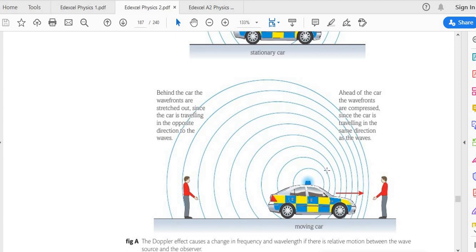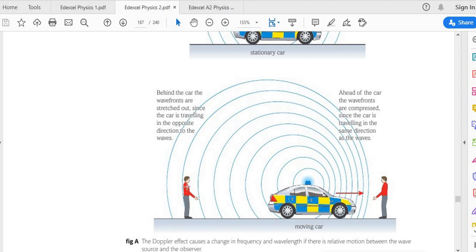The distance between adjacent wave fronts is a wavelength. So from this wave front to this wave front, that is one wavelength. Now the wavelength here is greater than the wavelength here. So here the wavelength is decreasing and the frequency is increasing. You can see the number of waves in a certain time is more here than on this side. So this observer here will observe a greater frequency than the frequency of the waves emitted by the source.